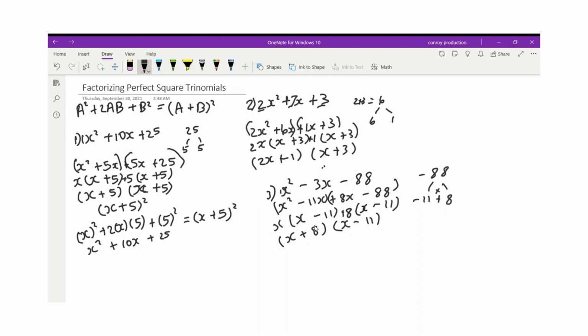Let's work on another example. Our fourth example is 5x squared minus 3x minus 14.